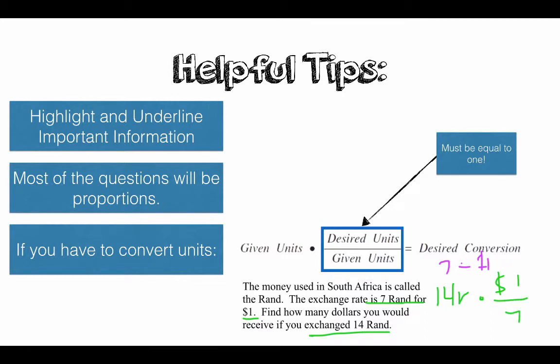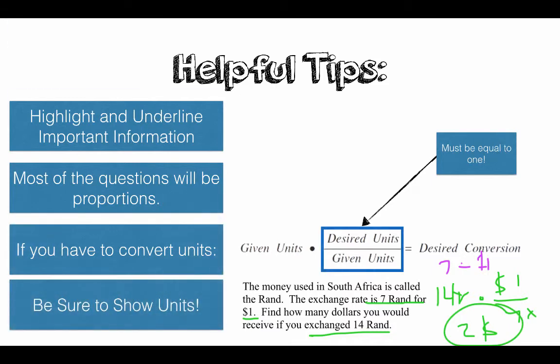The Rand cross out and it's going to be $2. Just walk through it: 14 times 1 divided by 7 equals 2. Pretty straightforward. I think you can do it.